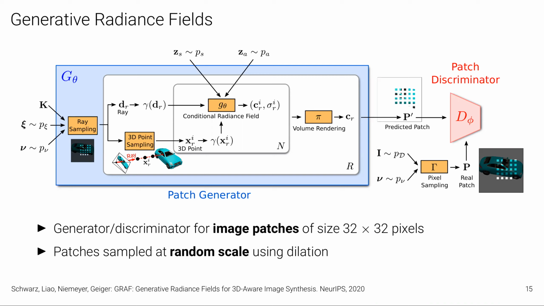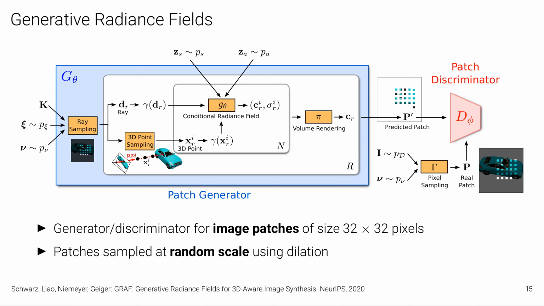For example, if you sample 100 points along each ray, for a single pixel you already evaluate the network 100 times, right? And if you sample a very large image that you want to evaluate, this takes first a lot of memory and then also a lot of time to evaluate. We find that having this 32 by 32 grid is in the range where you can train decently, and the memory consumption is still okay to train on a single GPU, for example.